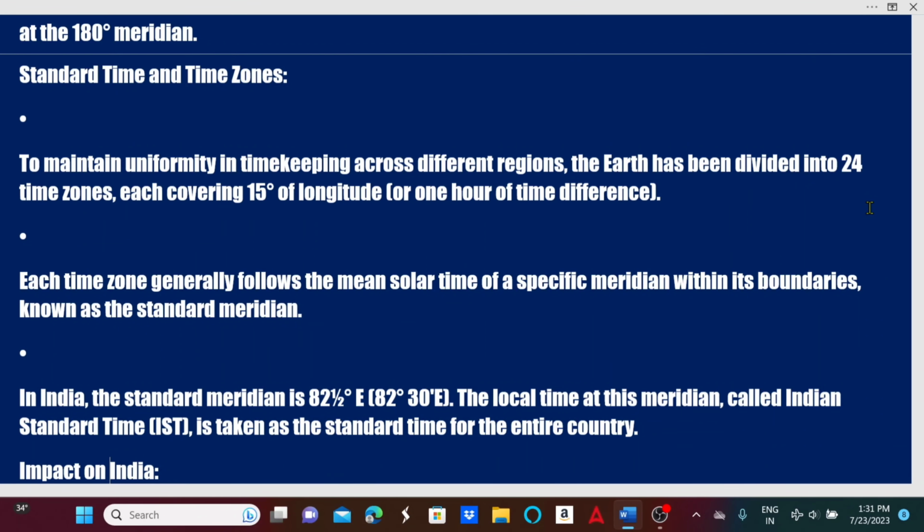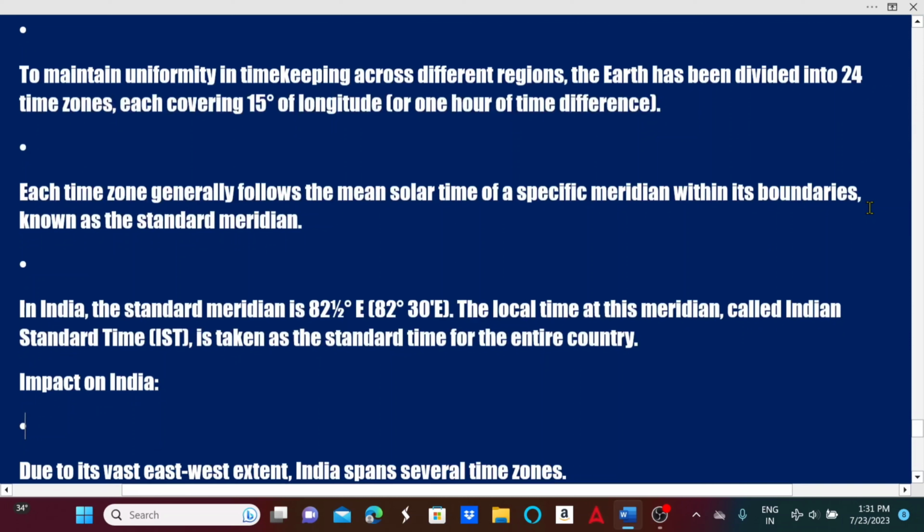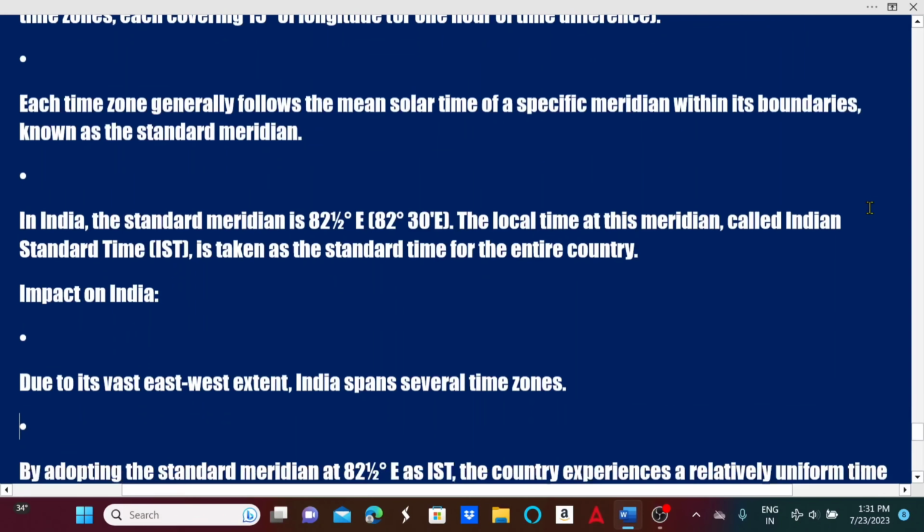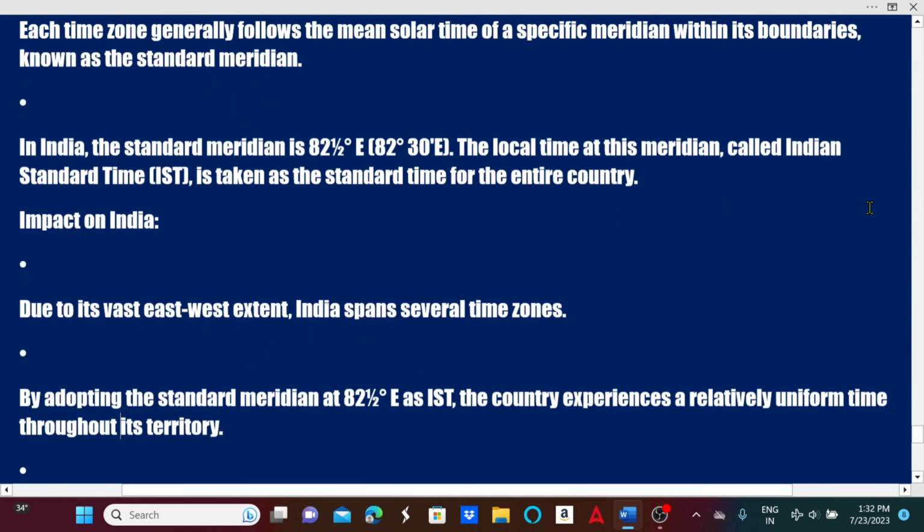Impact on India. Due to its vast east-west extent, India spans several time zones. By adopting the standard meridian at 82 1/2 degrees, the country experiences relatively uniform time throughout its territory.